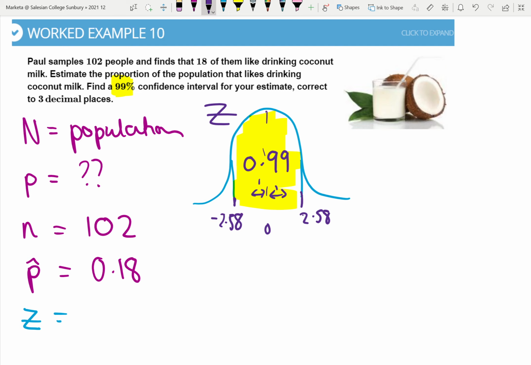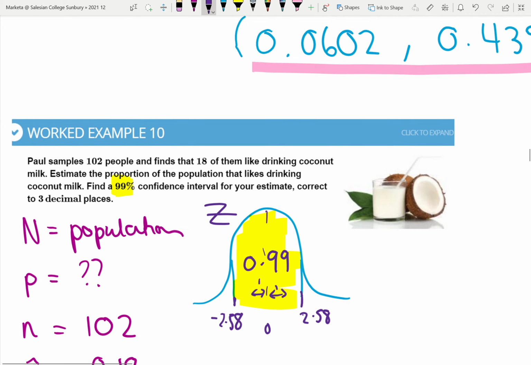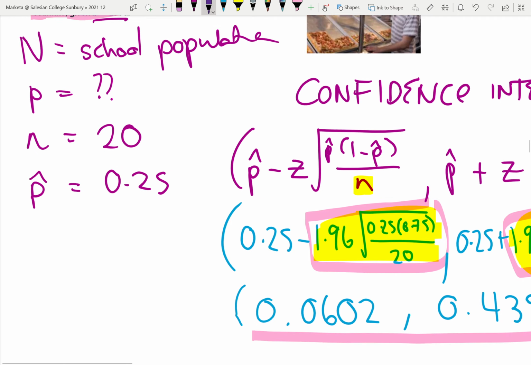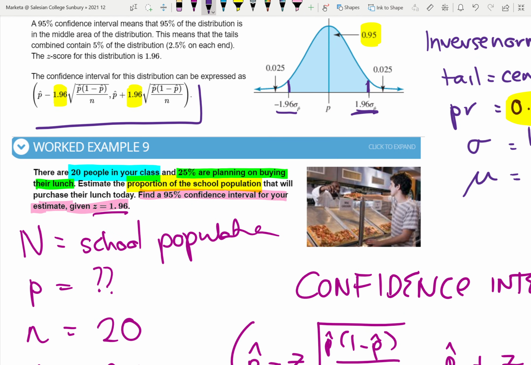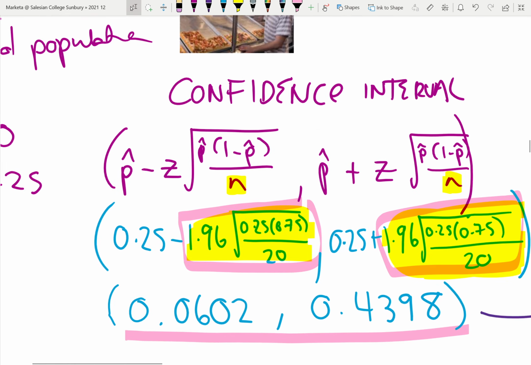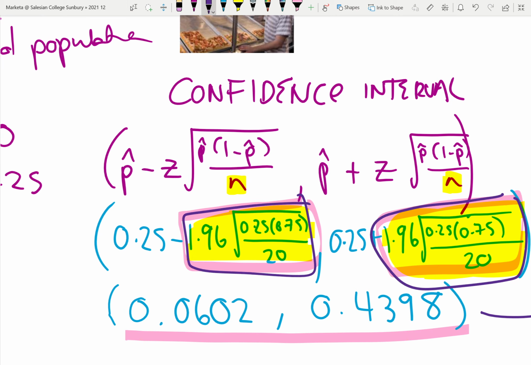Now, from the formula, remember our formula up here was for 95% because it had 1.96. It's quite annoying to have to write this thing twice, so I'm going to find that value and then plus or minus it, so that it's a little easier for us.